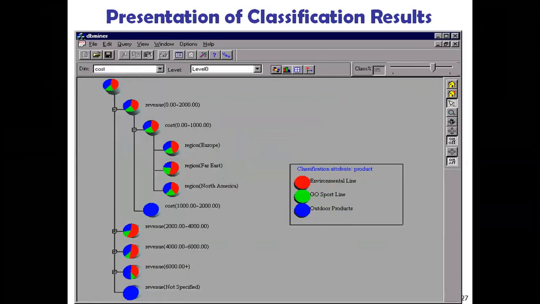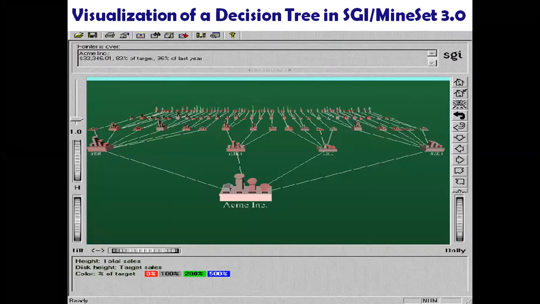This is the presentation of the classification result. And the second one, visualization of decision tree in Minitab 3.0.